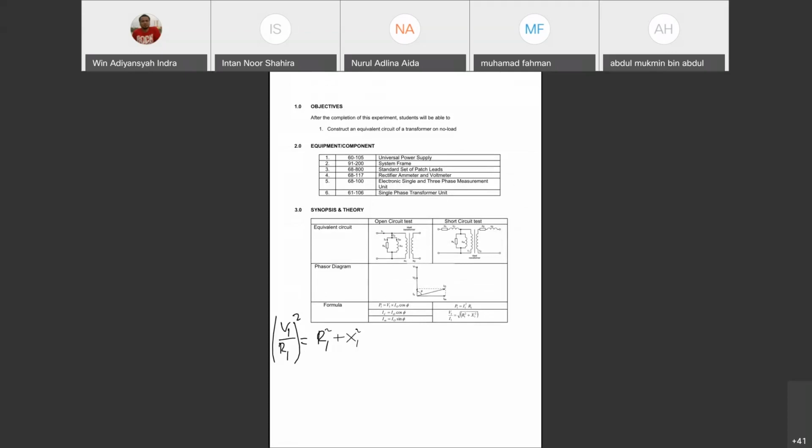So for X1 equal to, V1 over R1, yes, this is wrong. This is not R, this is I. So V1 over I1, squared, minus R1 squared, under the square root.